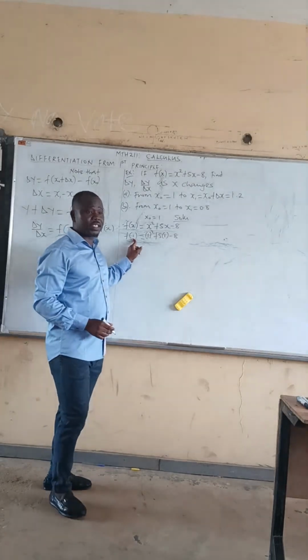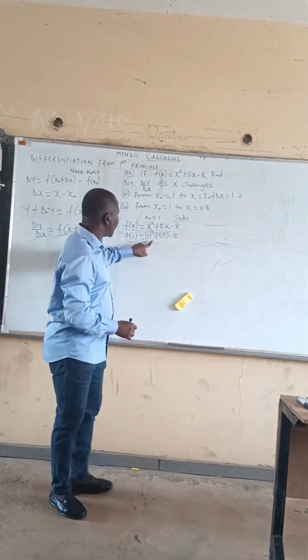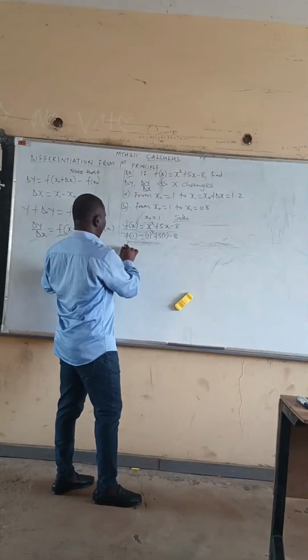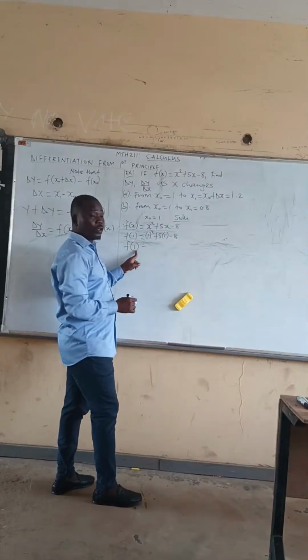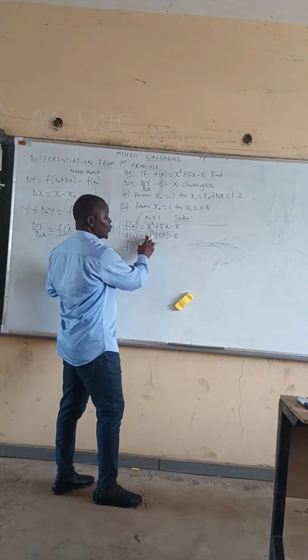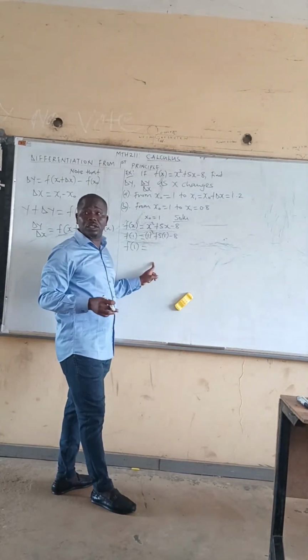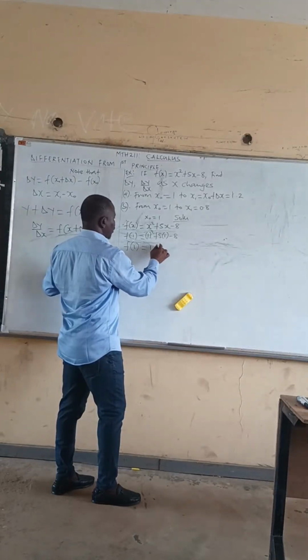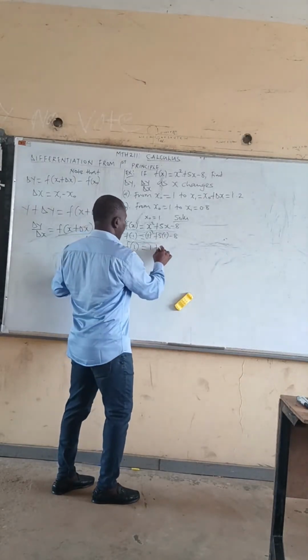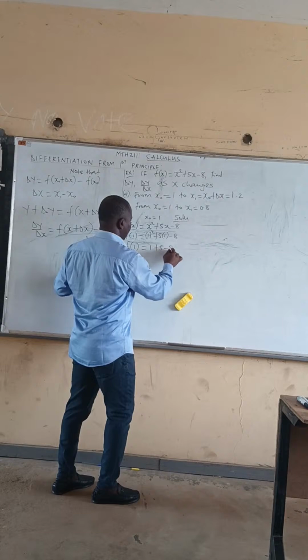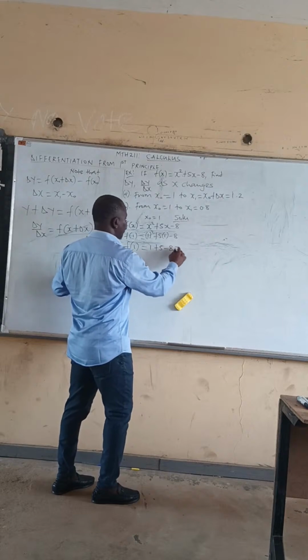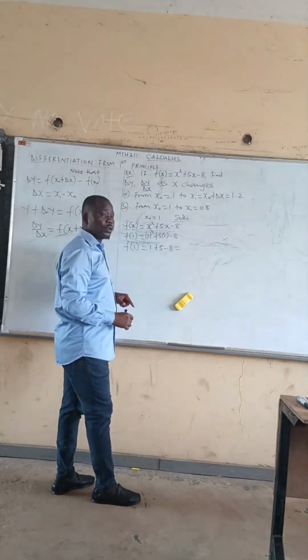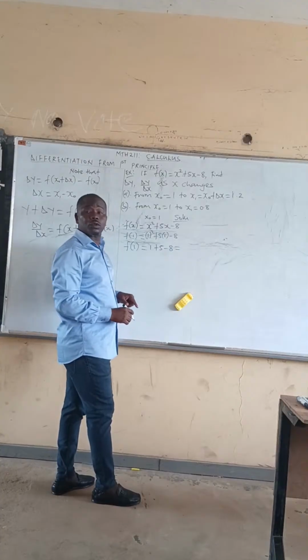Because anywhere you see x is 1. So you don't need a prophet to tell you our f of 1 is equal to 1 raised to the power 2, which is the same thing as 1, plus 5 times 1 minus 8. So here we are going to have minus 2. True or false?